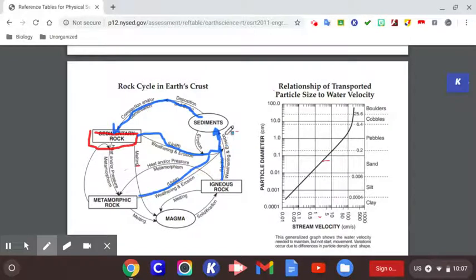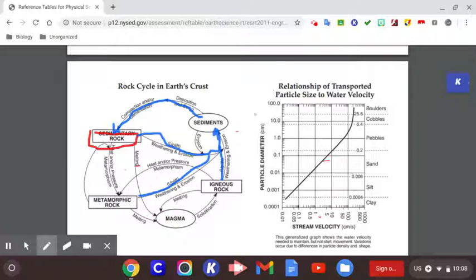So the question is asking, what is the correct order of making a sedimentary rock? Is it A, weathering and erosion, then deposition and burial, then compaction and cementation? Or is it B, deposition and burial, weathering and erosion, then compaction and cementation? Is it C, compaction and cementation, weathering and erosion, then deposition and burial?